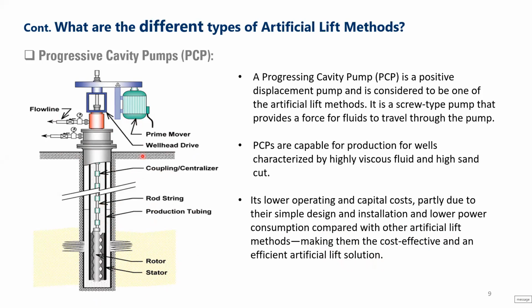Then we have the drive head or the wellhead drive, and then the prime mover, which is the motor basically. And here is a sketch of where the flow line is, or where you will be flowing the well. So this is a simple sketch to show how the progressive cavity pump footprint is laid down in terms of downhole and surface equipment.